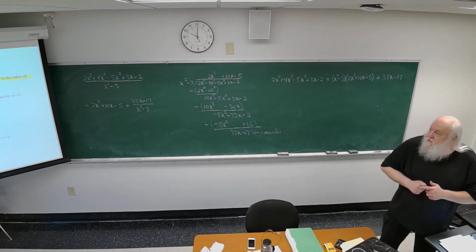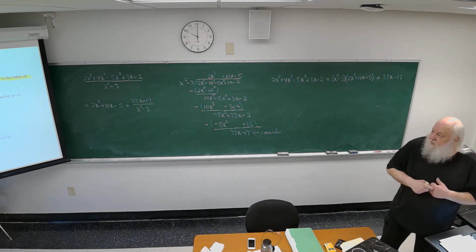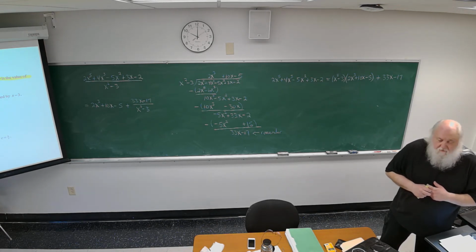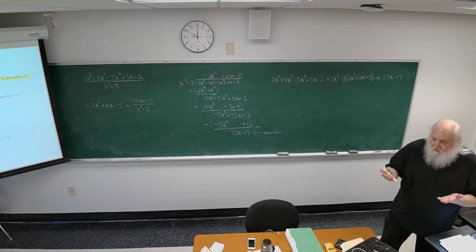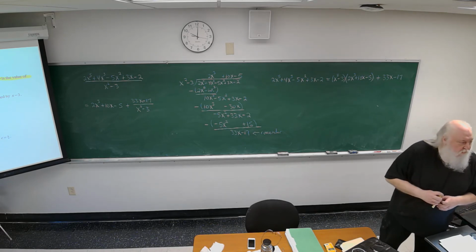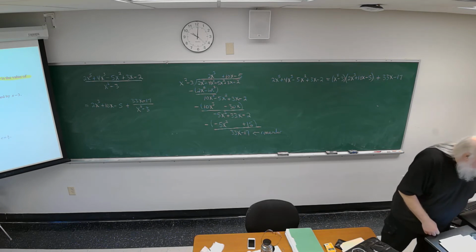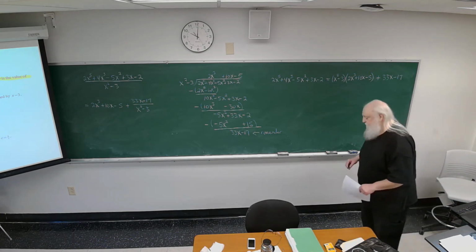So if you're going to divide a polynomial function by x minus c, where c is some real number, you don't have to perform the long division to find the remainder. You just evaluate the function at x equals c, and now you know the numerical value of the remainder. So you can do that without actually performing the long division. Okay?